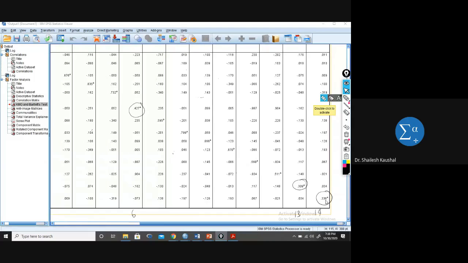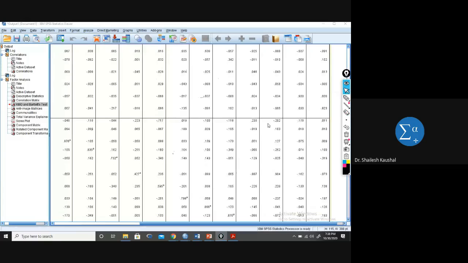and 0.336. So now we will remove variable number 0.309 and 0.336, and then the model may improve, and there may be a possibility that the measure of sampling adequacy value increases. Okay. So I am removing two questions in my study, question number 13 and question number 14.